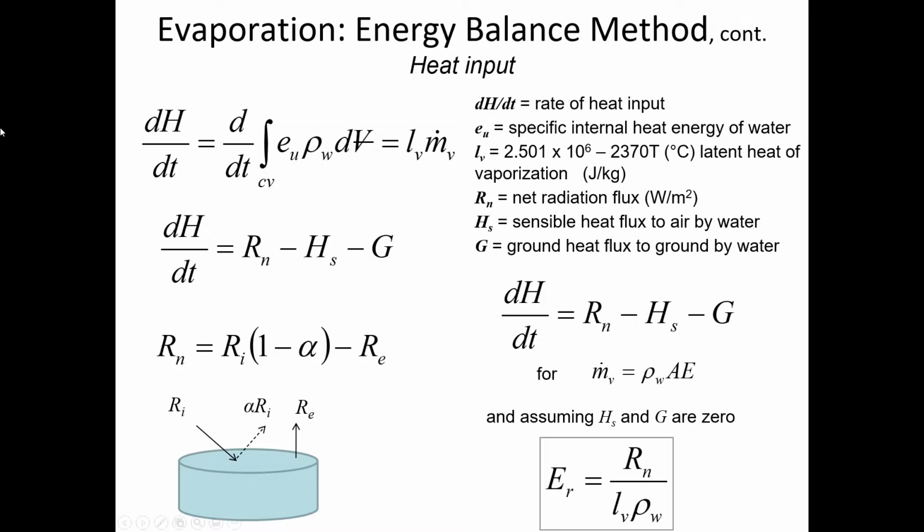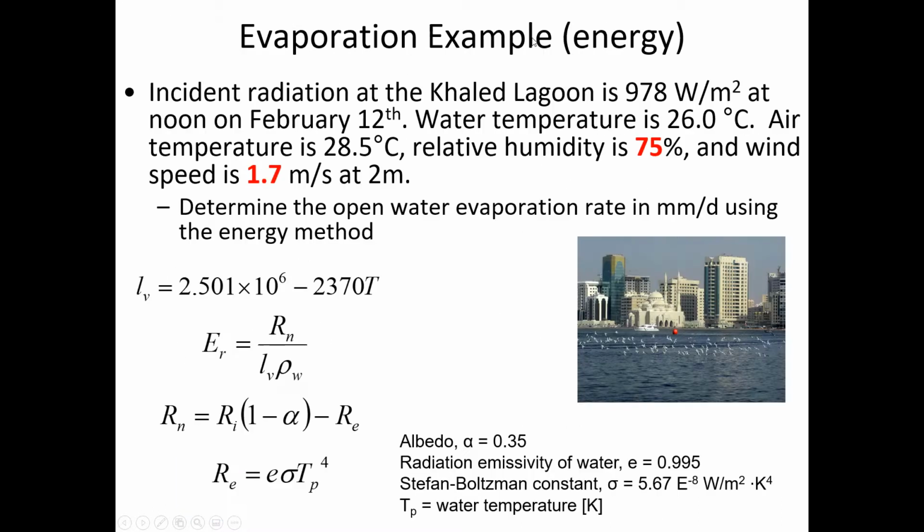This energy balance method uses the control volume approach, and it keeps track of the mass flow of vapor. Here m dot v is the flow of water vapor out of a control volume. It's simply the density of the water times the surface area of the water, multiplied by the evaporation rate, E, which is what we're trying to quantify. So that's the energy balance method.